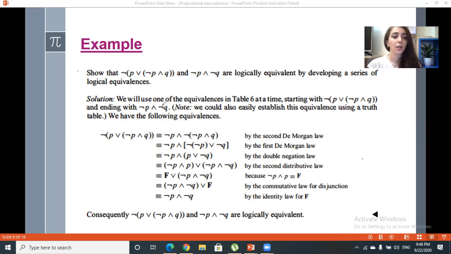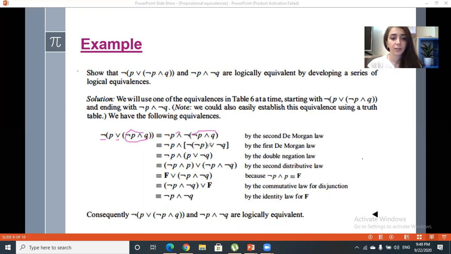So here we use the second De Morgan law, and ¬P will remain. The disjunction will become a conjunction and we negate this brace. This brace will remain the same.